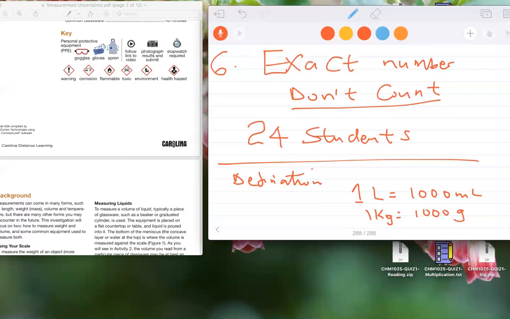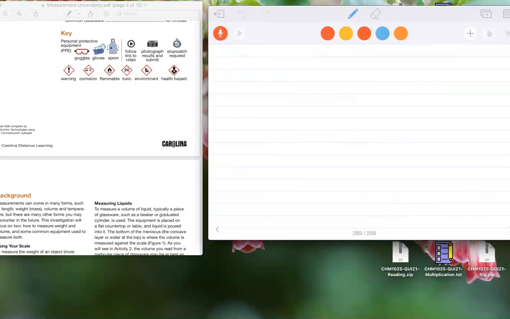Just to mention, if you come across numbers obtained as a result of counting, you don't do that. Is there any question on the rules? You can use any resource to review those rules for counting significant figures.